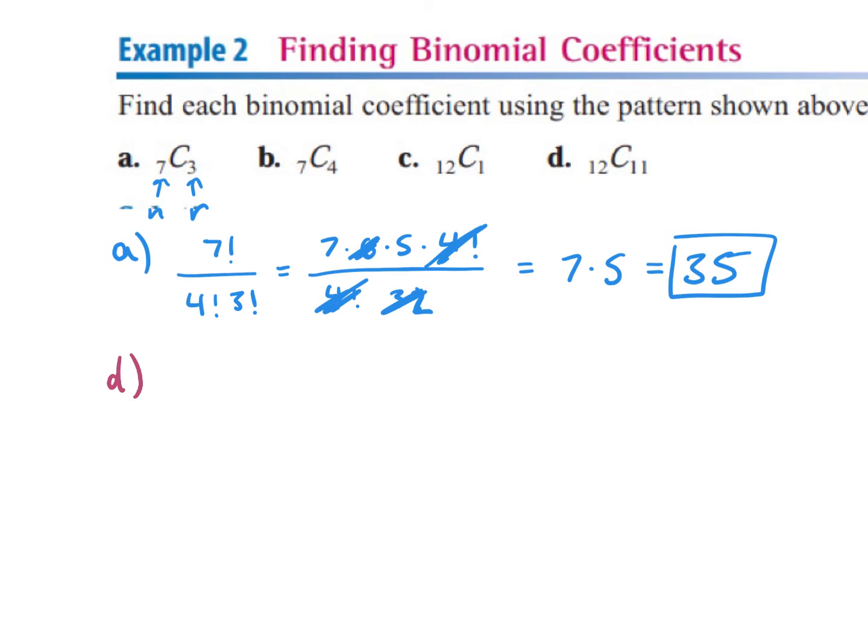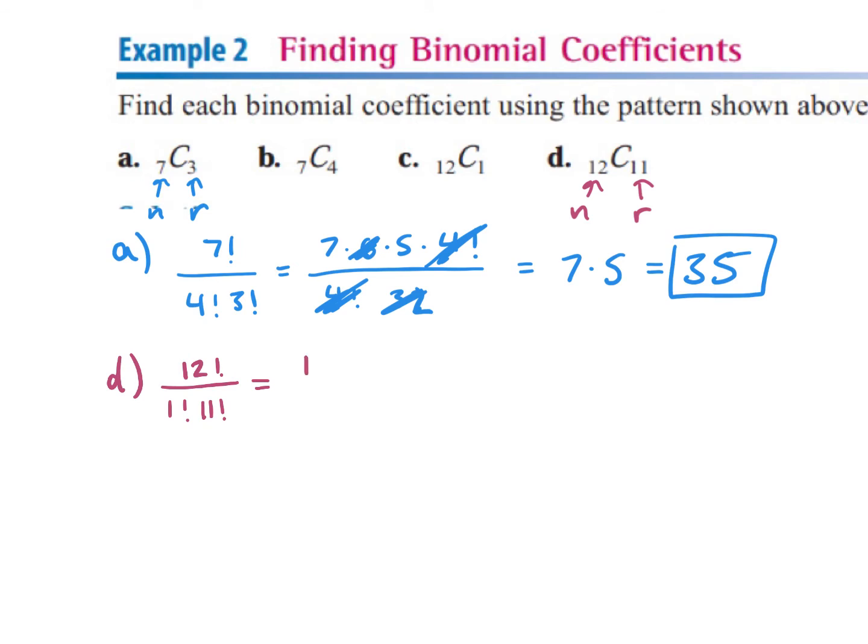So for D, what's our n and what's our r? Awesome. 12 is n, 11 is r. So we have 12 factorial on the top over n minus r factorial, so 12 minus 11, which would give us 1 factorial times 11 factorial.